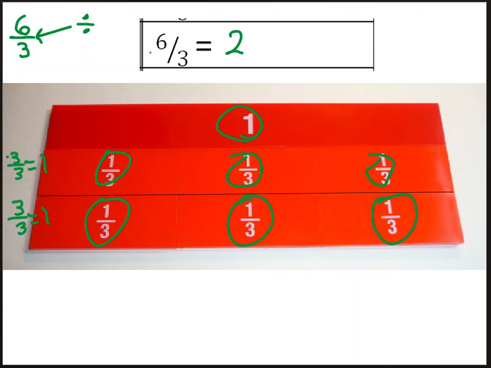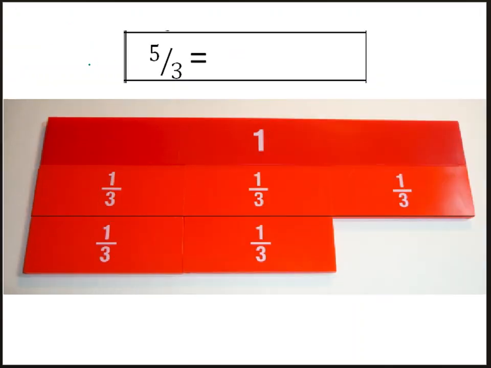Ready? Next. 5 thirds, okay? Well, 5 thirds is really the same thing as, let's look here, these are 3 thirds, right? There's 1, 2, 3, and then we got 2 more thirds down here. This is number 4 and 5, right? But we can start over again counting. That's 1/3 and 2/3.